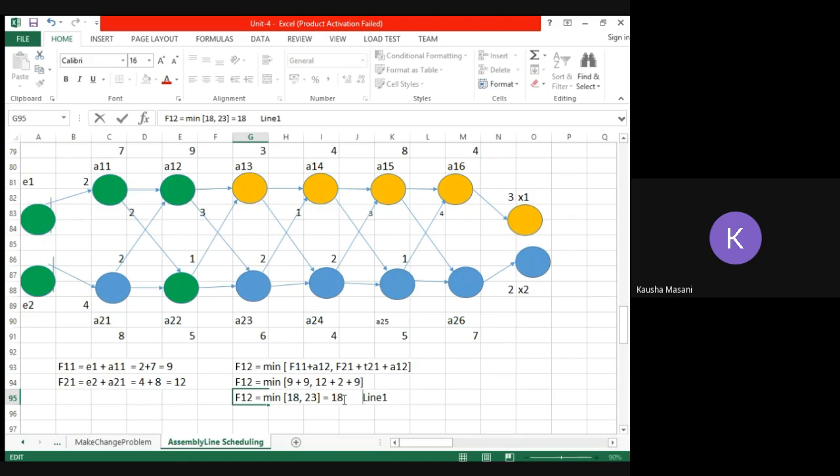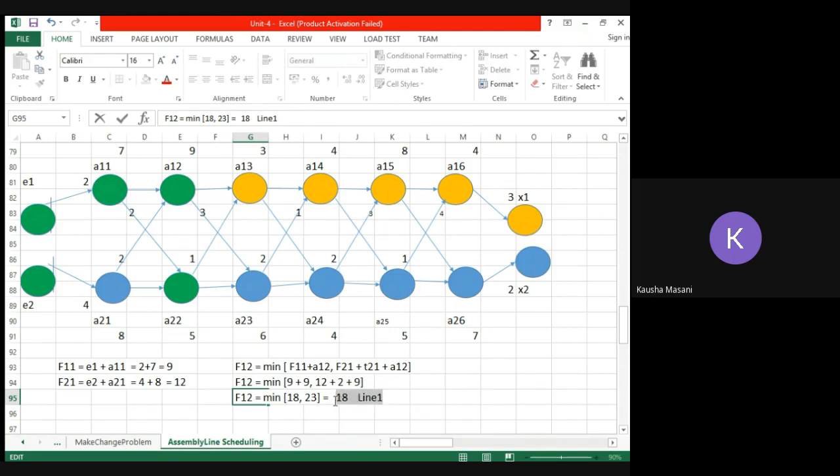Okay. How did we come to know that it is line 1 from F11 plus A12? They are computations for your line 1. Following, or did not follow, or some confusion? Students, yes or no?